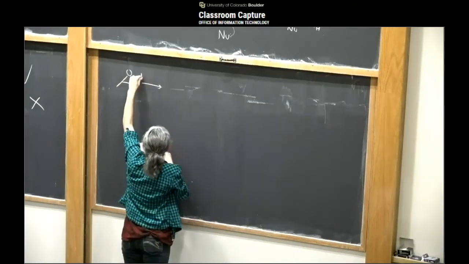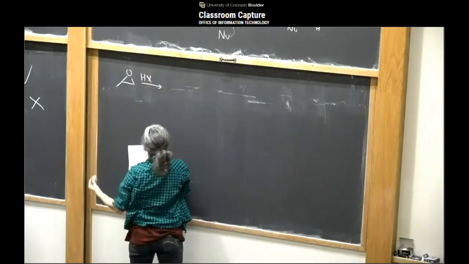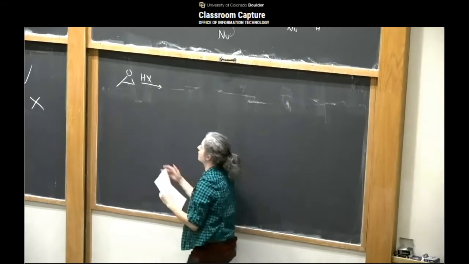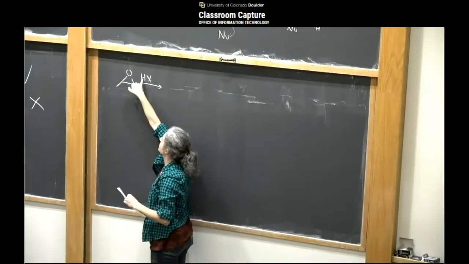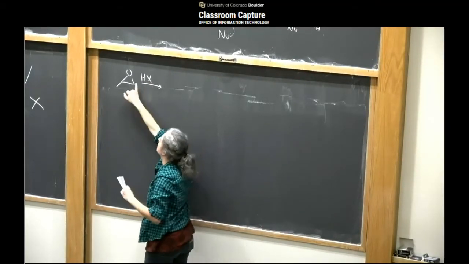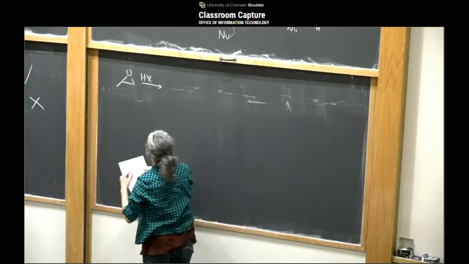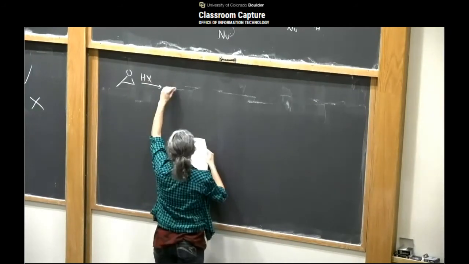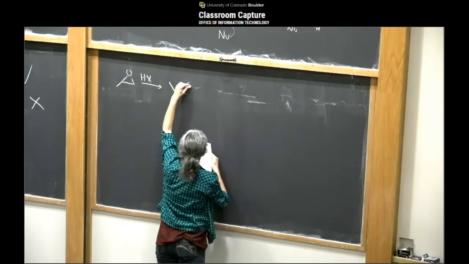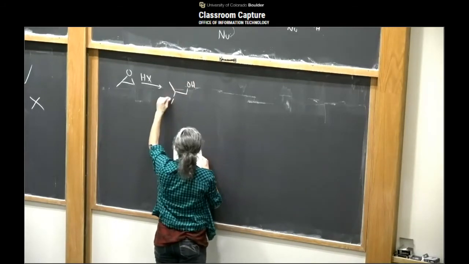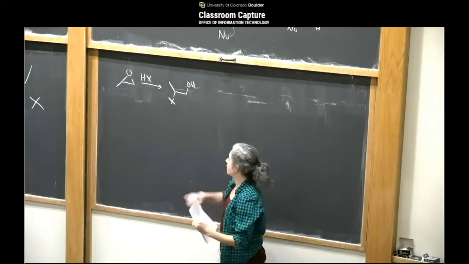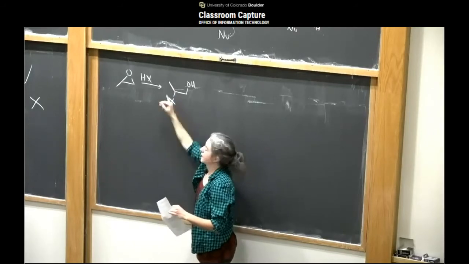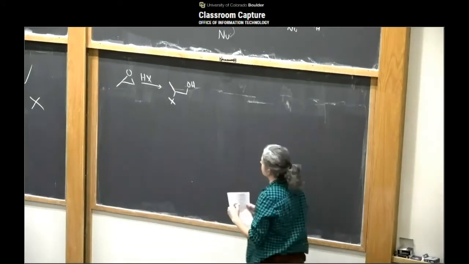If I hit this with, say, HX, like HCl or HBr, this is acting as both the proton source and the nucleophile source. So I protonate it first, and then X minus comes in and attacks. So I'm ultimately going to end up with this molecule, where the halogen ends up attached to what used to be the more substituted carbon.